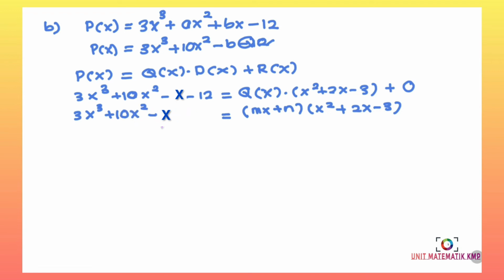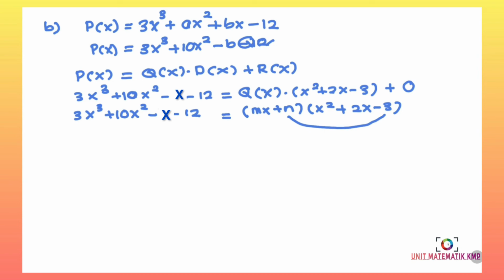The value of b just now we have 1, right? Minus 12. So from here, let's look. What should be the value of m and n? Here, the constant on the left hand side is negative 12. So to find the constant, n times negative 3.